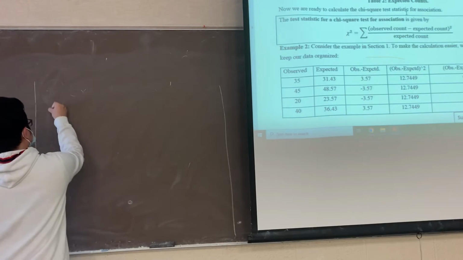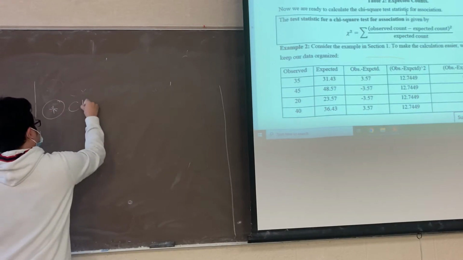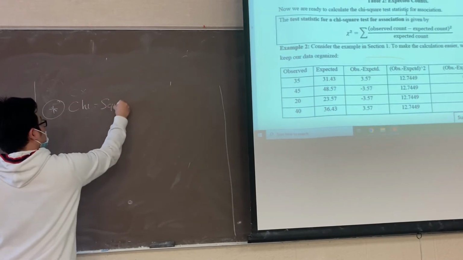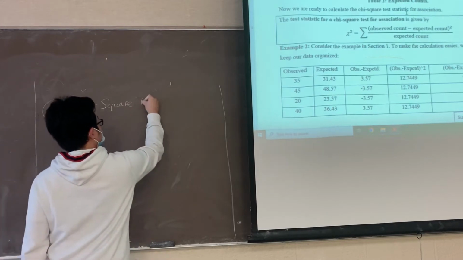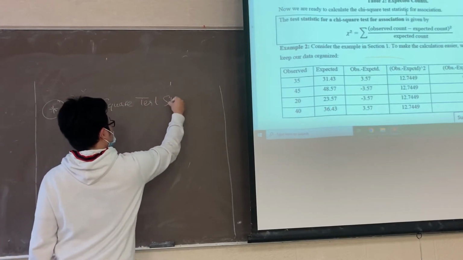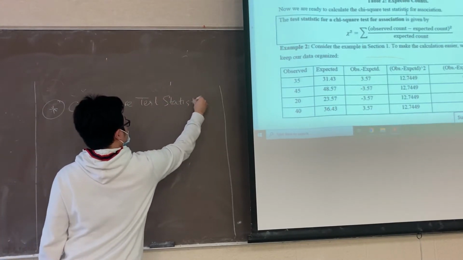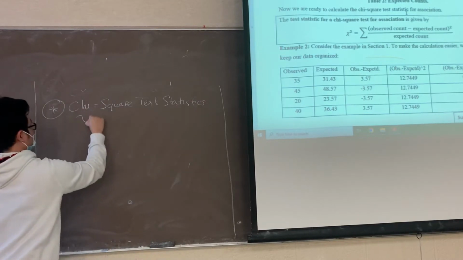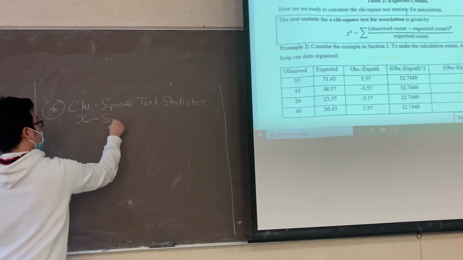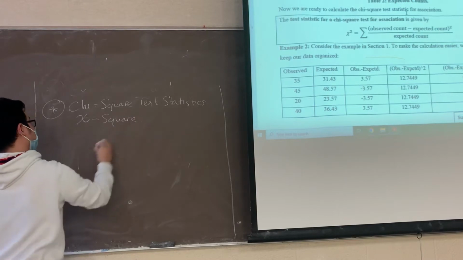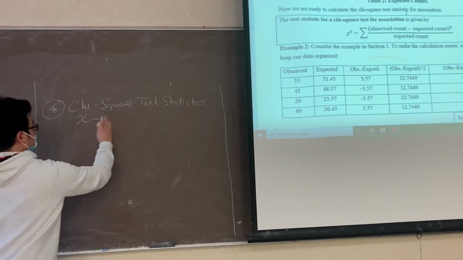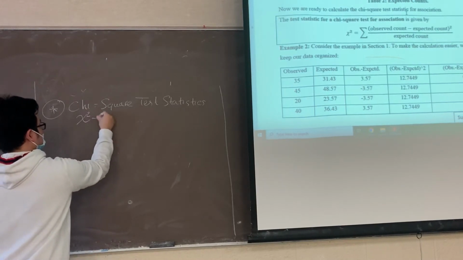We move on to how to calculate the chi-square test statistic. Sometimes we write it like this, chi-square, and sometimes we just write chi-square test statistic.